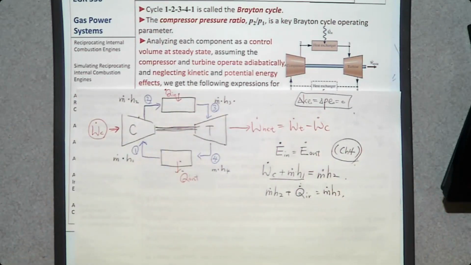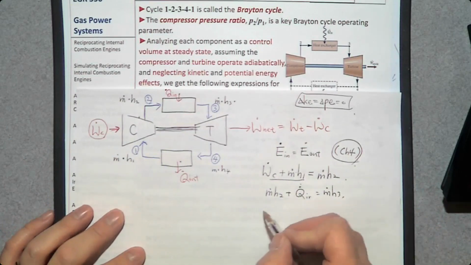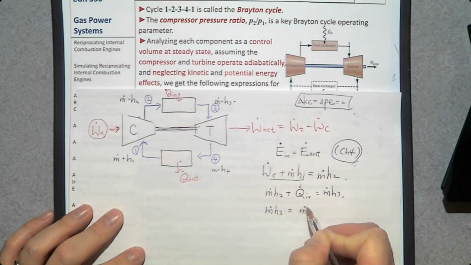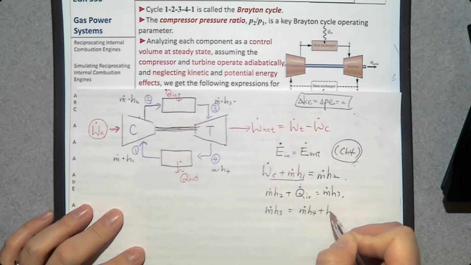What about this turbine? How many energy transfers in? Just one, m dot h3. How many energy transfers out of this turbine? m dot h4 and the turbine power. m dot h3 is going to be m dot h4 plus turbine power.